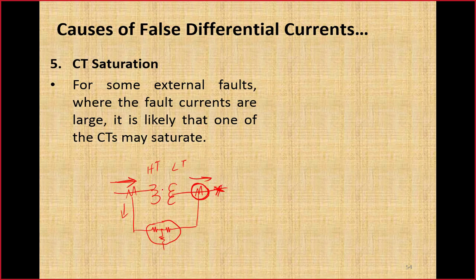Due to this reason, there will be a net difference in these two currents, which is coming from this side and flowing on the other side, and that would flow towards the differential branch. As we can see here, this fault was outside the zone of protection, and protection should not operate for this fault. But due to CT saturation, tripping may occur. The relay may consider this condition as a fault.